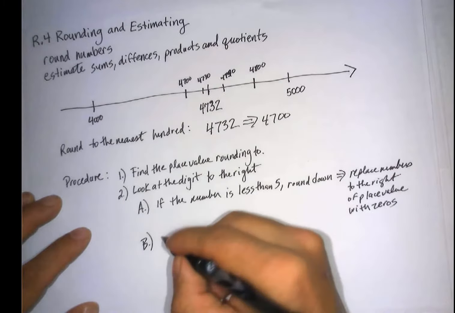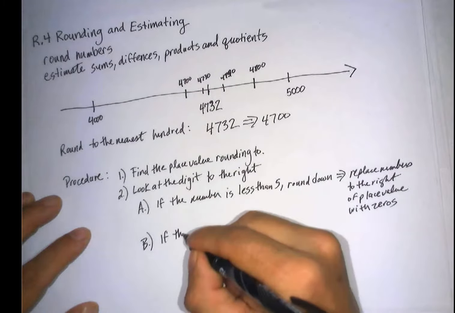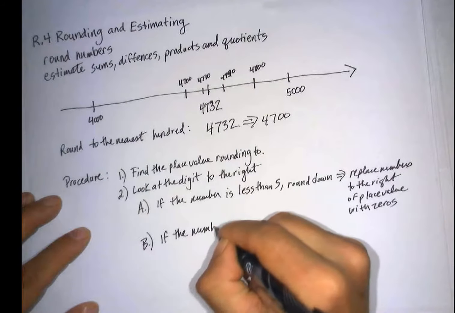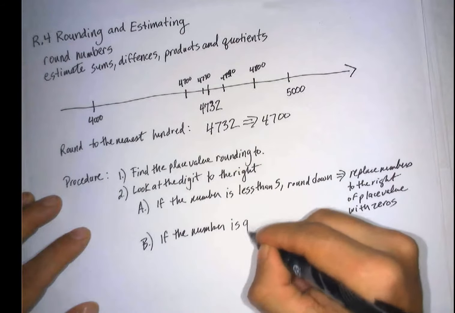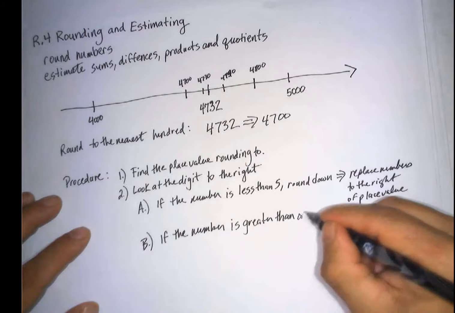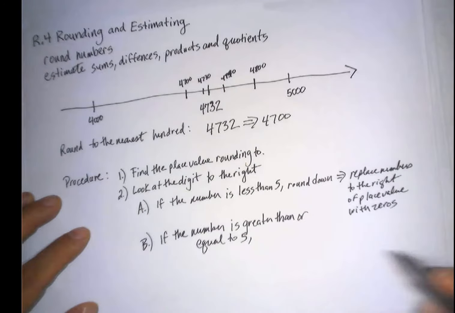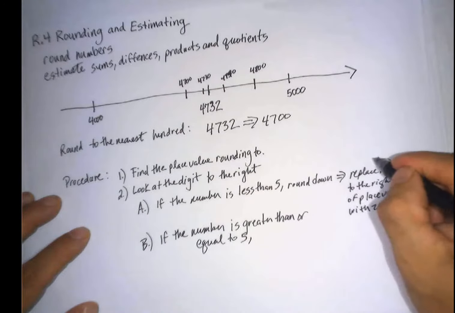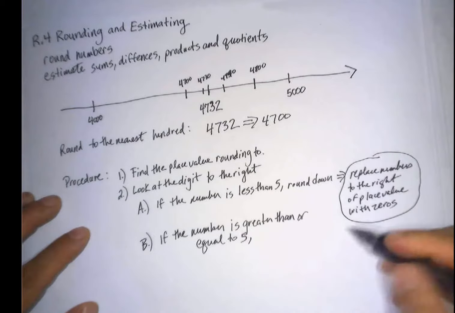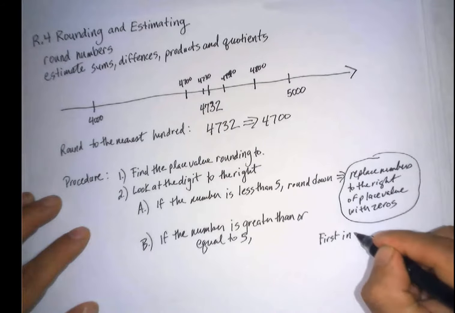If the number is greater than 5 or equal to 5, we do the same thing. We replace the numbers to the right of that place value with zeros, but first we increase the place value by 1.